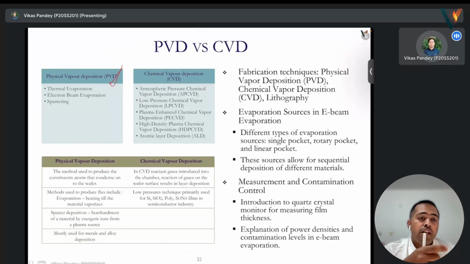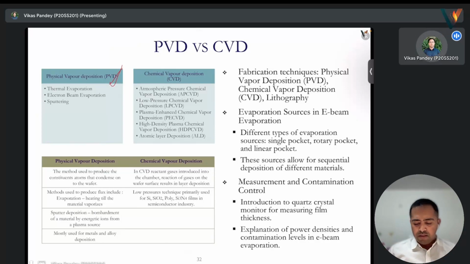Whereas in the case of electron beam evaporation, an electron beam is focused over it and then it evaporates. Then comes sputtering. As I said, the target material is hit by some other species and it transfers from the target to the substrate.